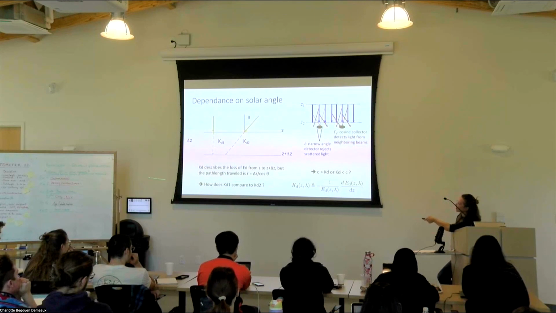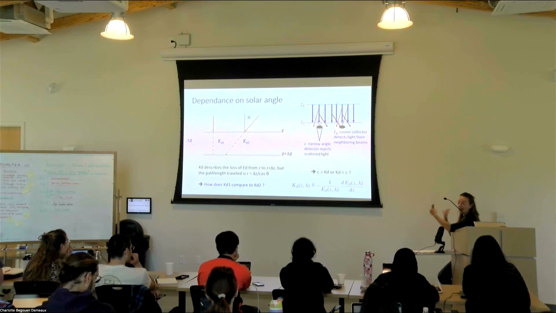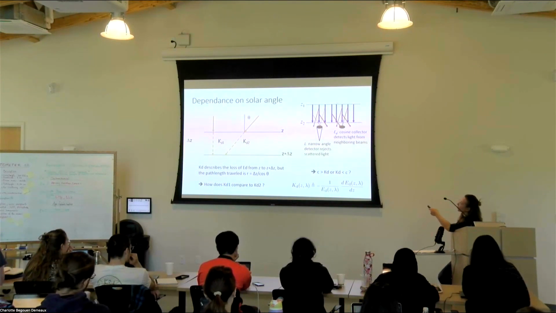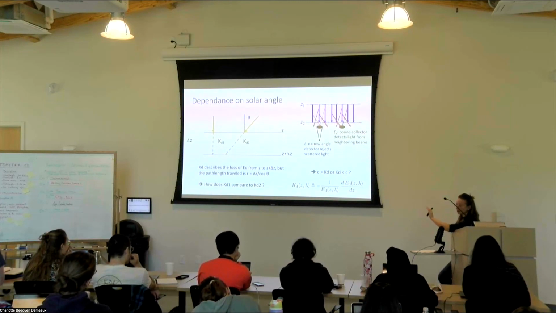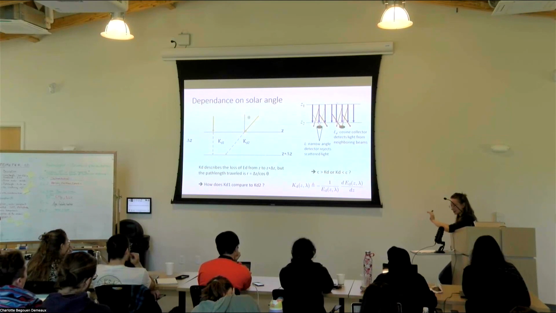Whereas KD1 has a shorter path, less can happen to it, less chance of being attenuated. So what that tells you is that a larger solar angle will usually result, all other things being equal, in a larger KD. That's an important point.